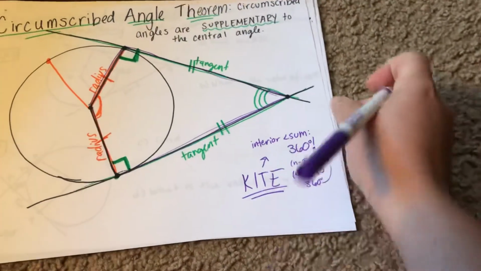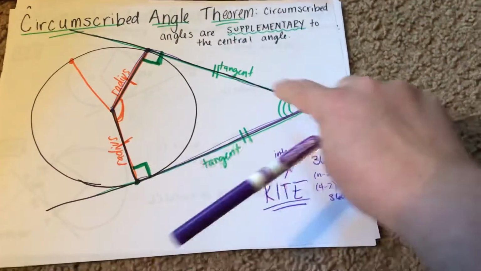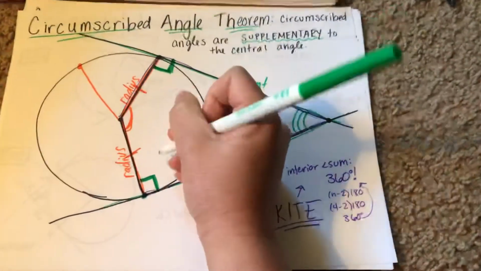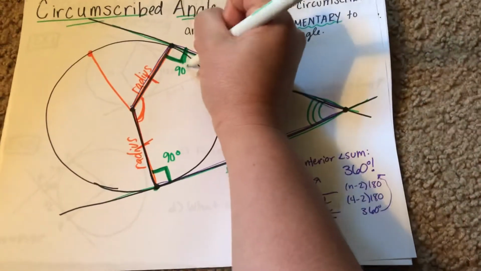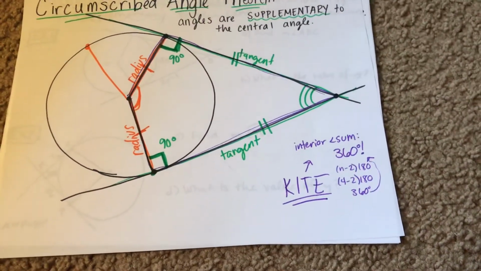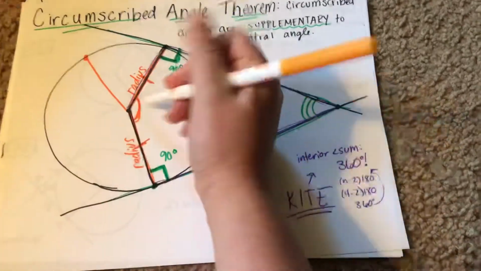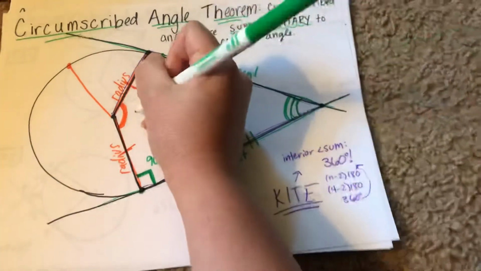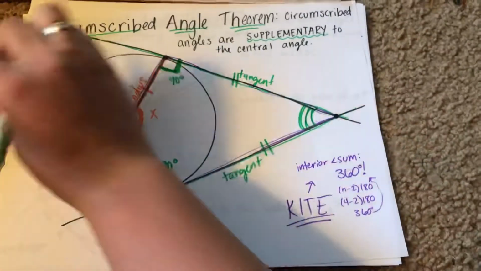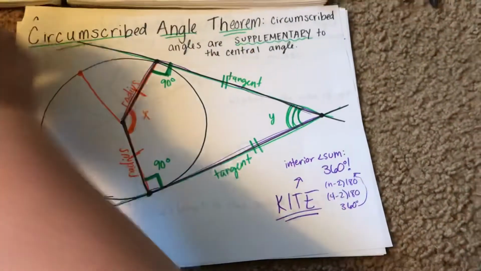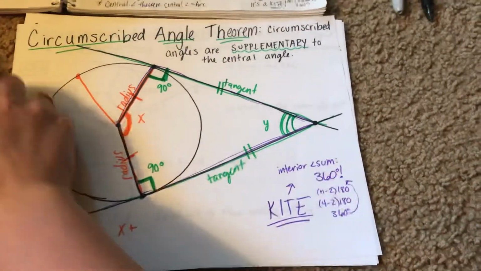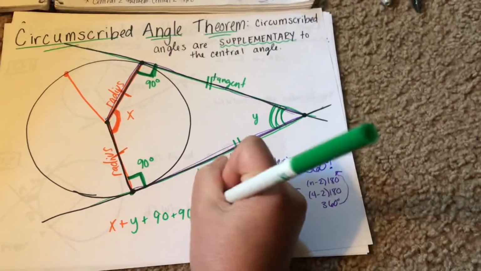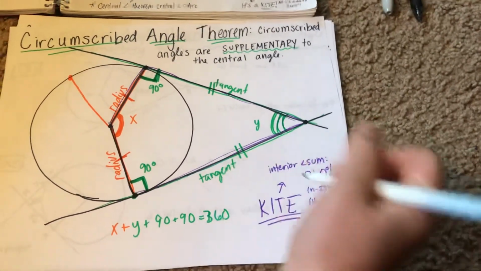So because of the interior angle sum, we know that all four angles have to add up to 360 degrees. Since this is 90 degrees, and this is 90 degrees because we said they're perpendicular, whatever the central angle is, plus our circumscribed angle, let's call them x and y. X plus y plus these two 90 degrees have to equal 360 degrees.